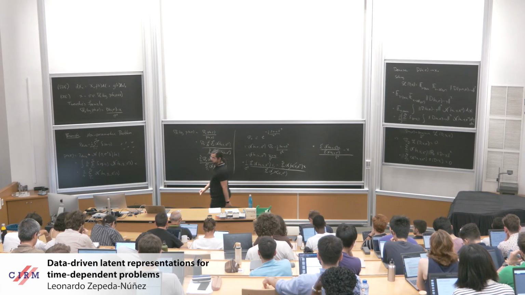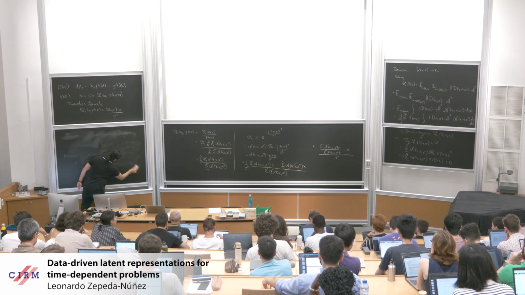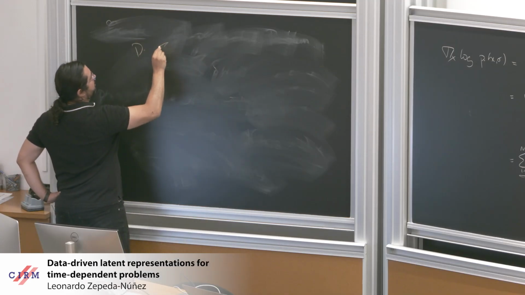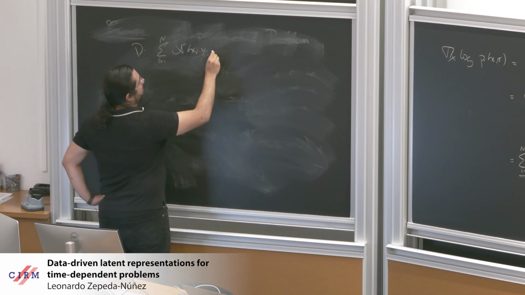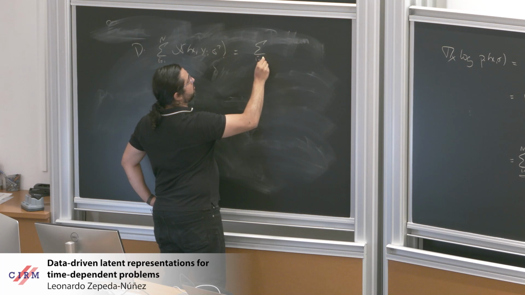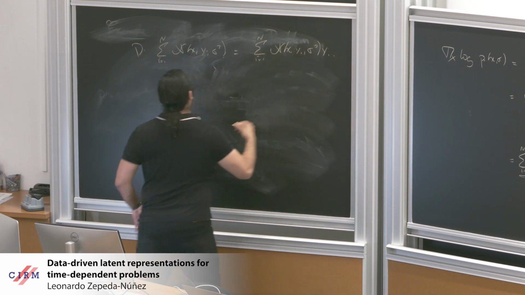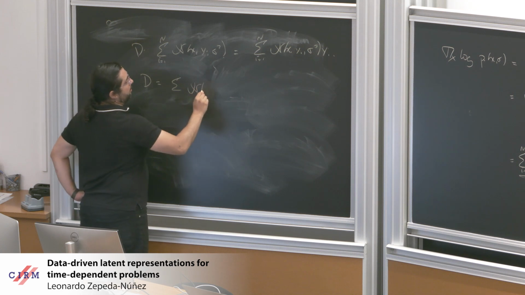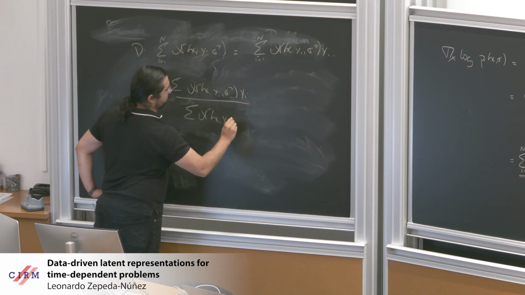So what you will find is d multiplied by the sum i equals 1 to n of N of x comma yi comma sigma square is equal to, moving the one to the right, the sum i equals 1 to n of the same thing, N of x comma yi comma sigma square times yi, and this is positive, non-zero, hopefully. So d is equal to the sum of N of x comma yi comma sigma square times yi, divided by the sum of N of x comma yi comma sigma square.